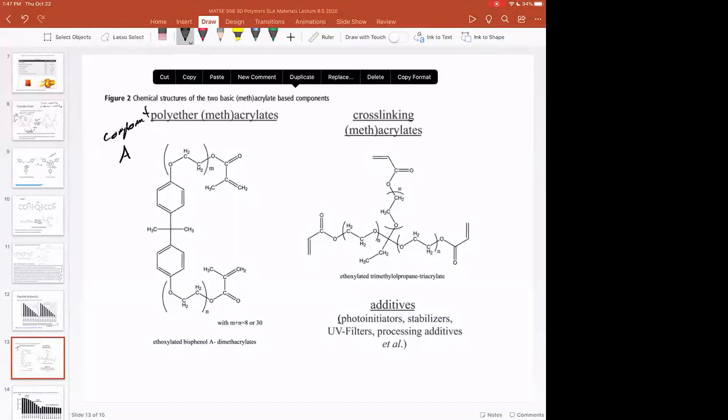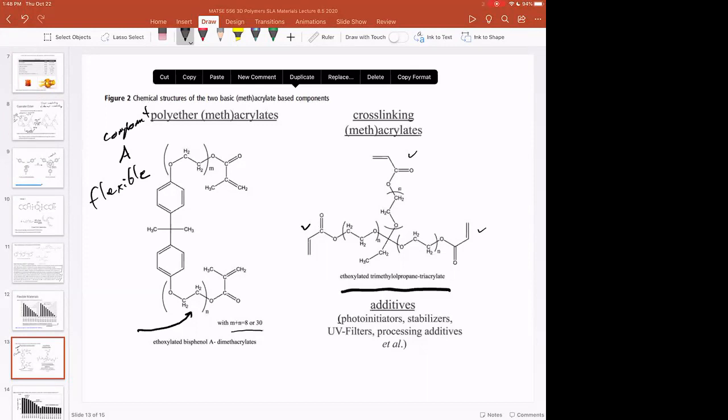And this, because it has this ethoxy group on here with different molecular weights, this is going to be flexible. And then they have a cross-linking methacrylate. So you see, well, these are acrylates, but there's a mixture of acrylates and methacrylates.